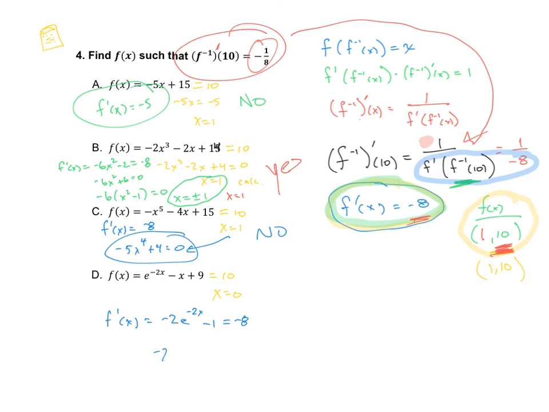And you end up getting negative 2e to the negative 2x plus 7 equals 0. And when you graph it, and even at this, I know the answer has to be 0. If I throw 0 in there, this does not work. So that's another no.